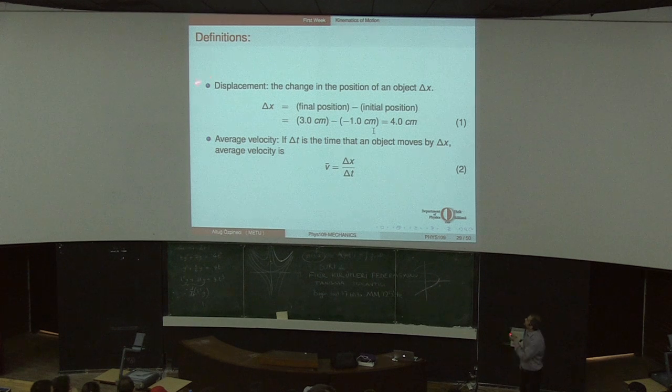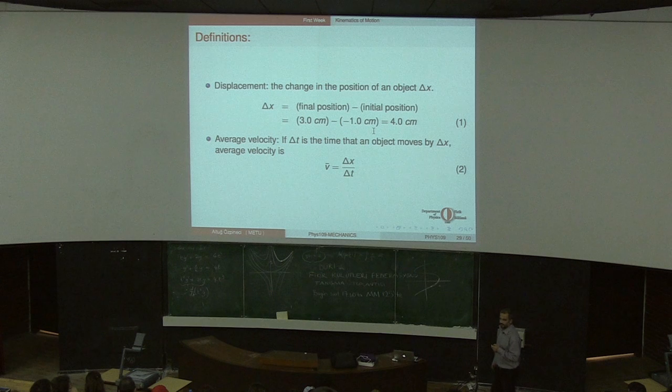So this is not really a measure of how fast the object is changing its position, but the average velocity, the displacement per unit time, is what determines how fast my object is moving.